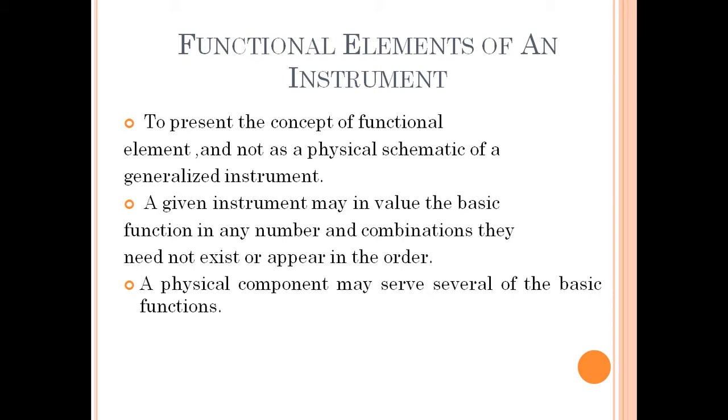Now we will discuss functional elements of an instrumentation system. A given instrument may have the basic functions in any number and combinations. They need not exist or appear in order.